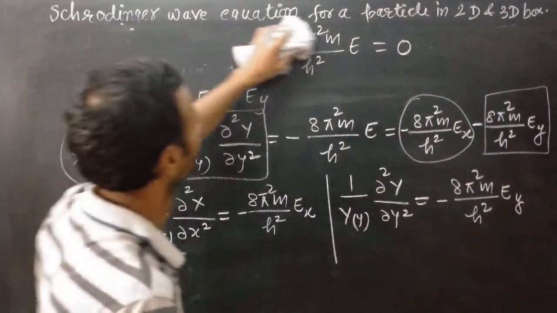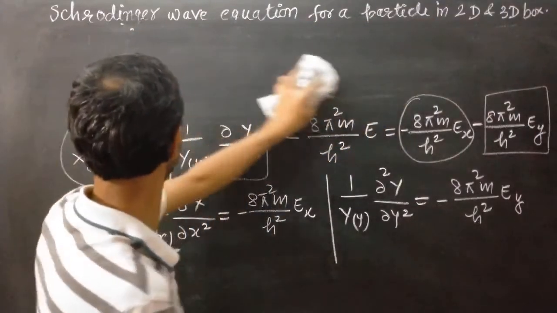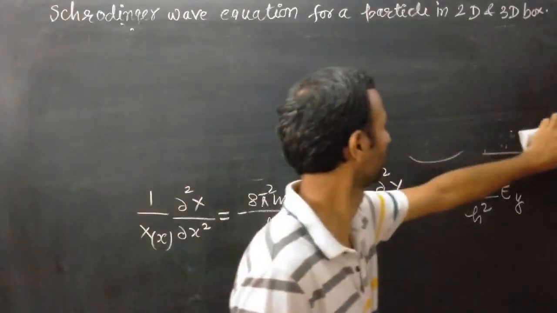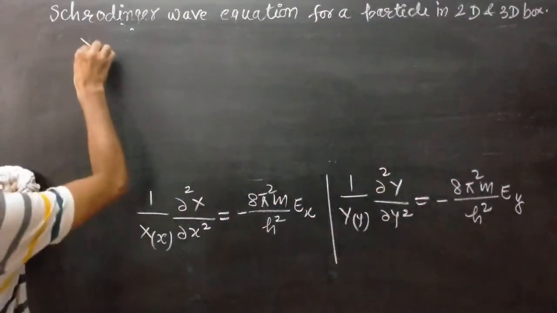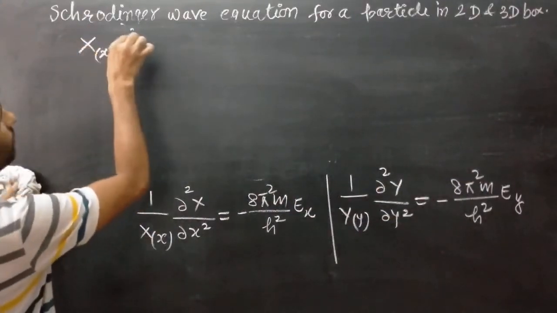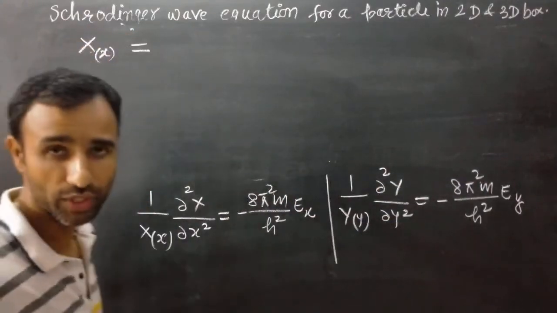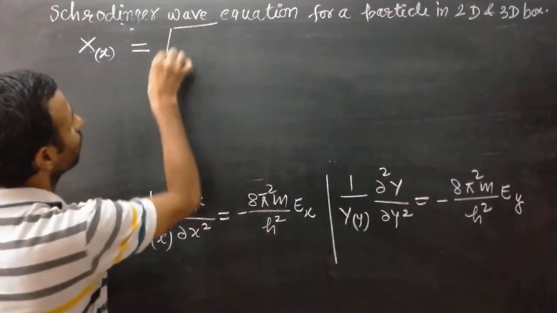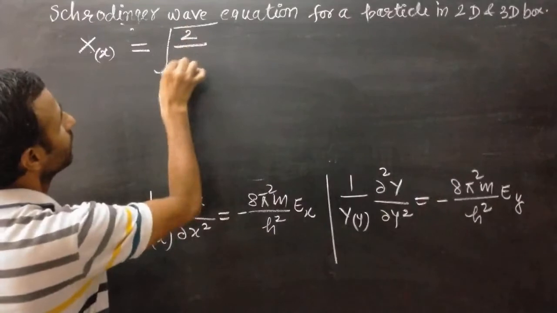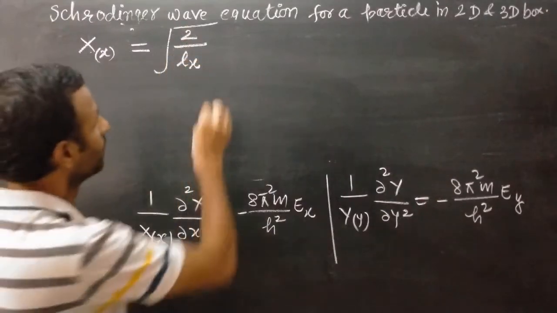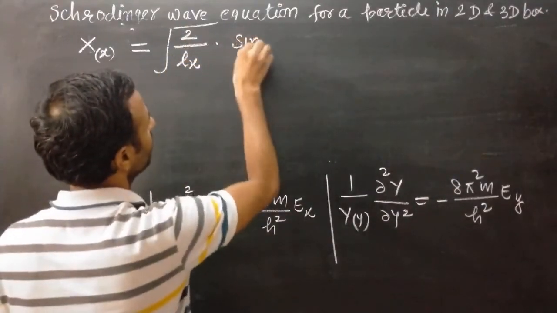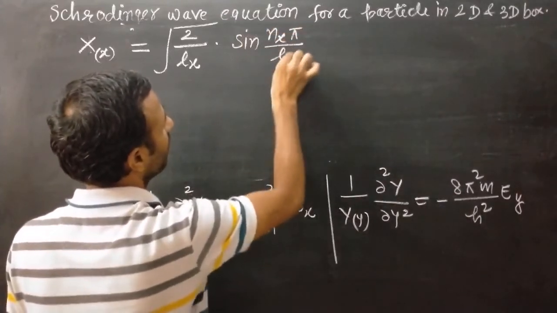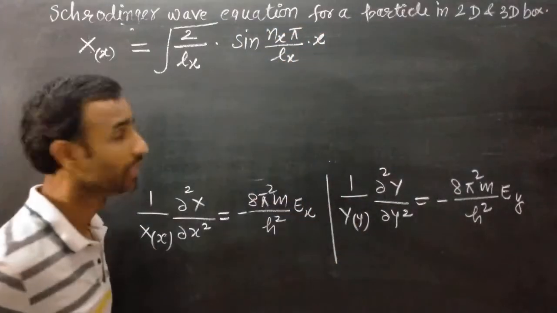For x, the part of the wave function that depends upon x only is equal to √(2/Lx) sin(nxπx/Lx).